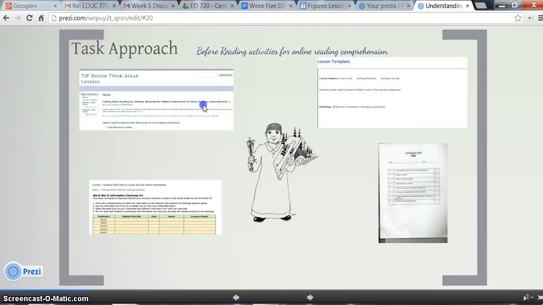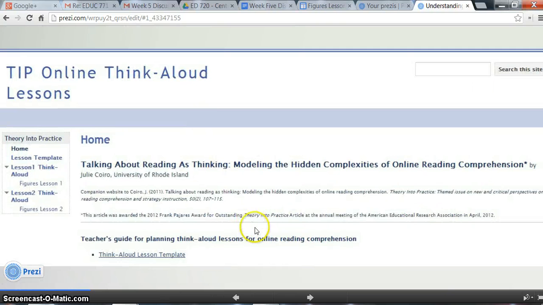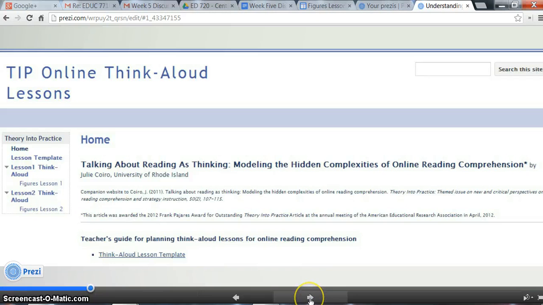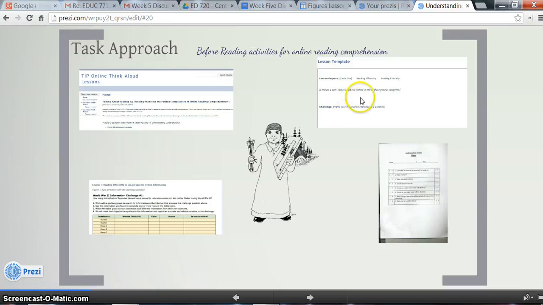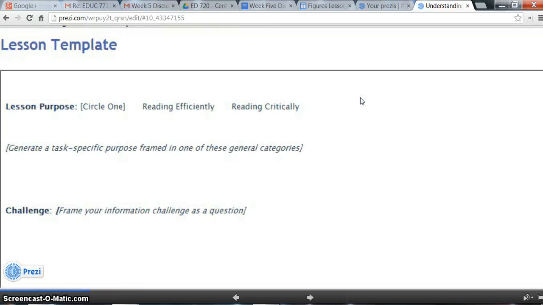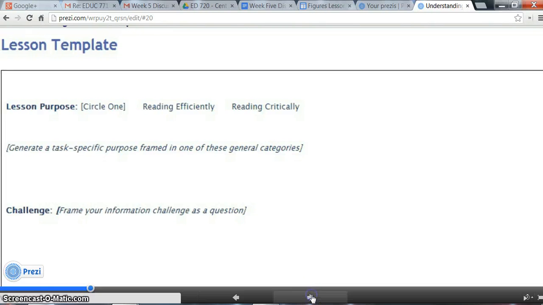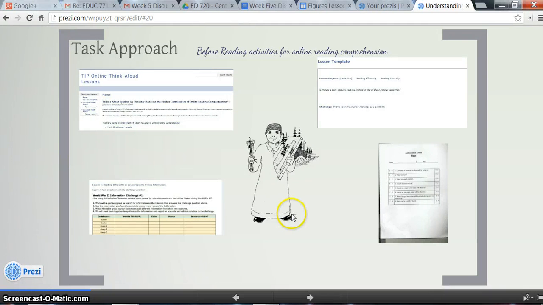Here you can see the author of this Think Aloud, Julie Quero, gives you some explicit information about the Think Aloud lesson template, with suggestions on identifying your lesson purpose and the challenge, framing your challenge question, and then having some pre-reading activities.